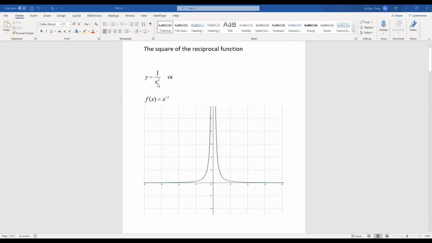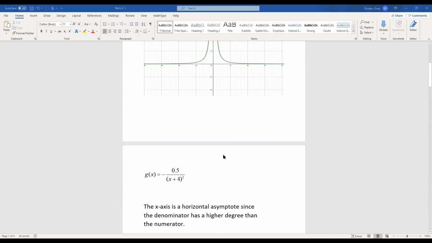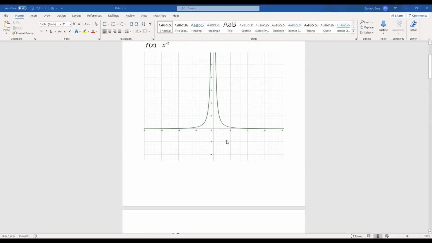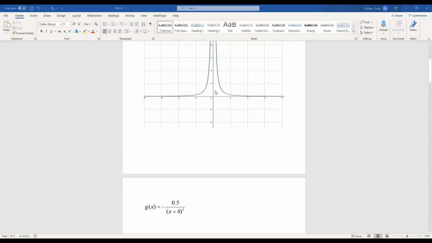Here the x is squared. Well, if you were to replace x with x plus 4, that's going to have the effect of taking the graph we see here and shifting it 4 units to the left. Remember, the x plus 4 shifts it in the sort of backwards direction as far as x is concerned.